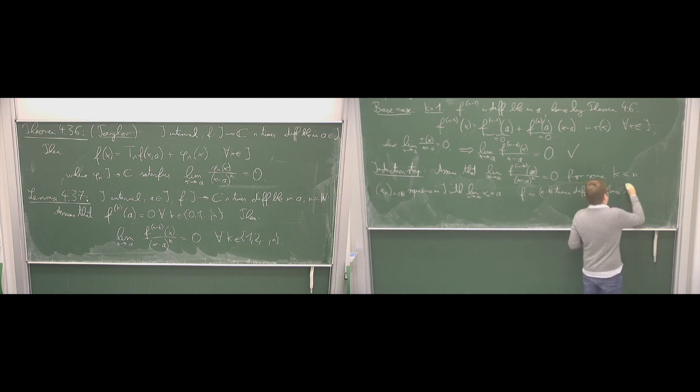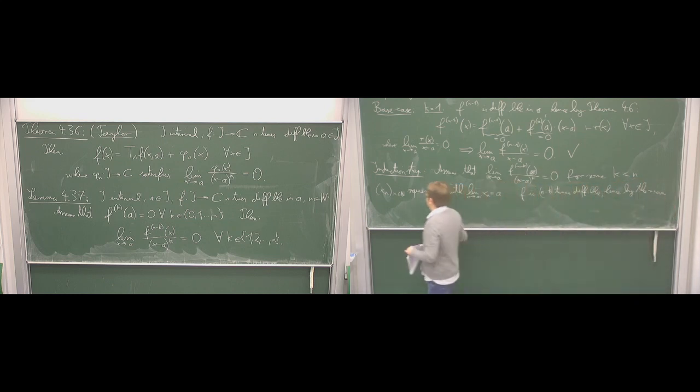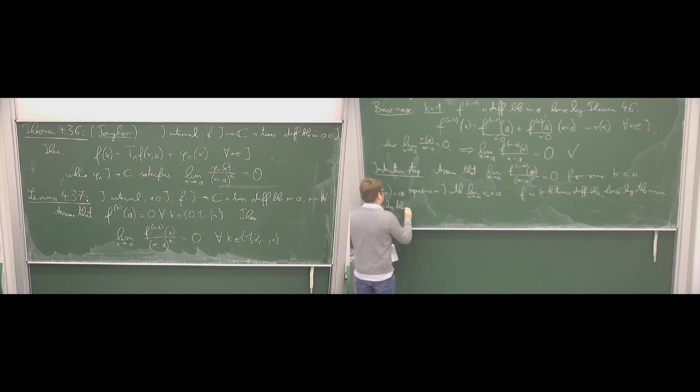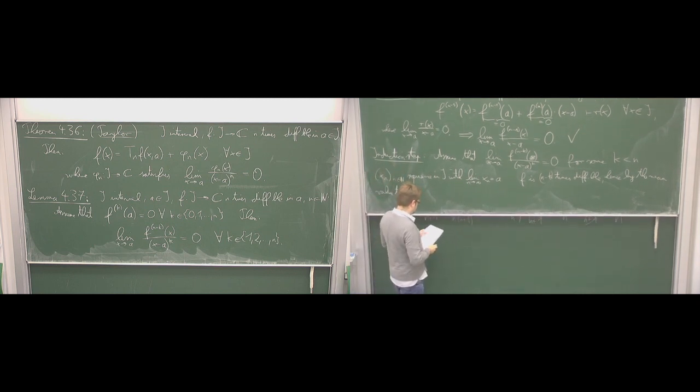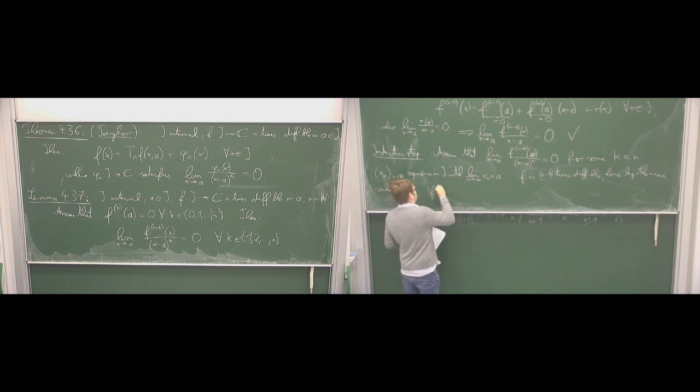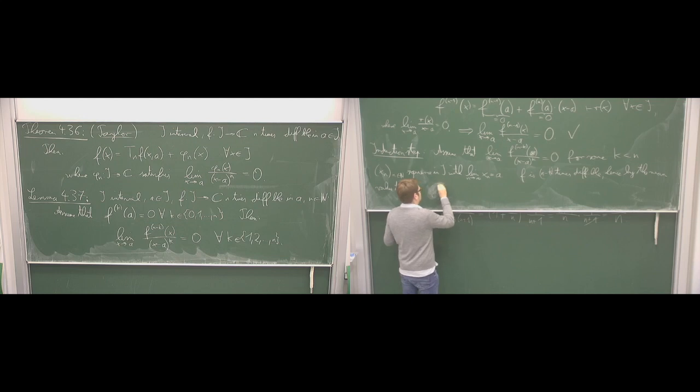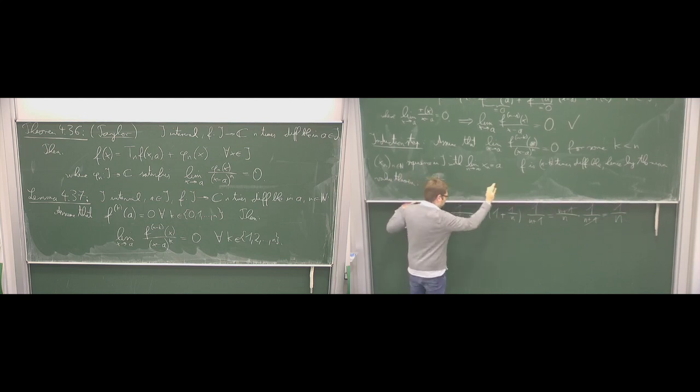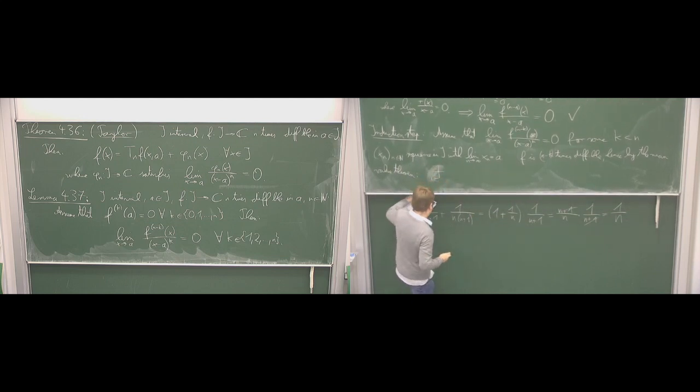Namely, by the mean value theorem, so now really the standard mean value theorem that we had, if we consider f^(n-k), there exists some number. I'll fill this in later. Let me continue right here.